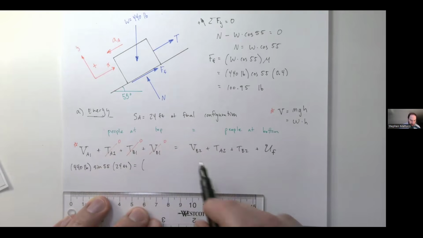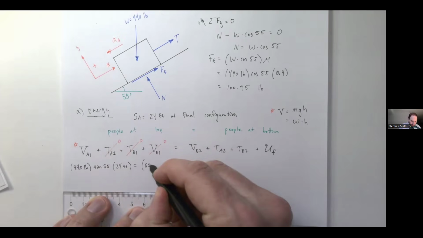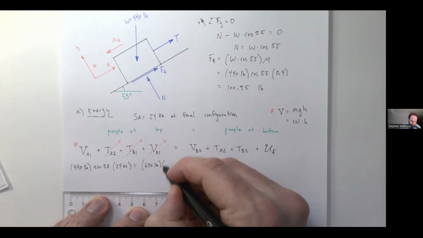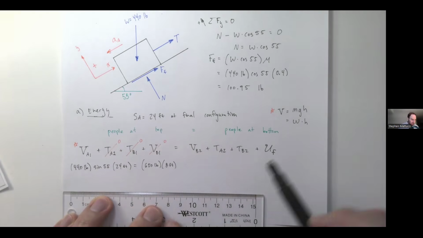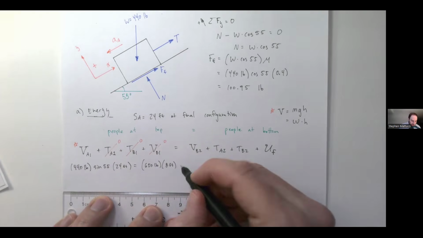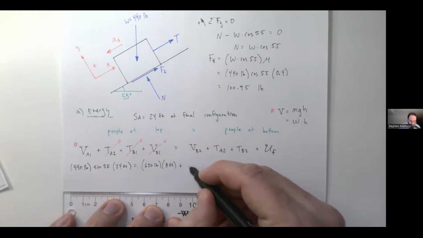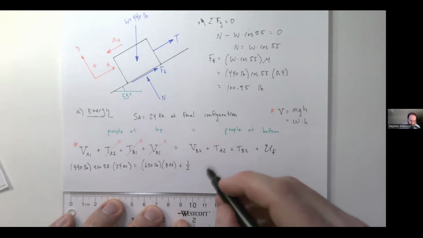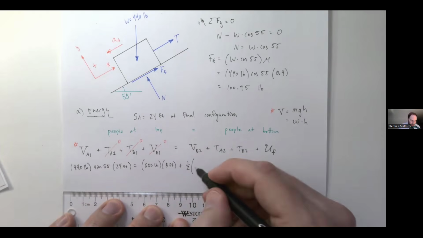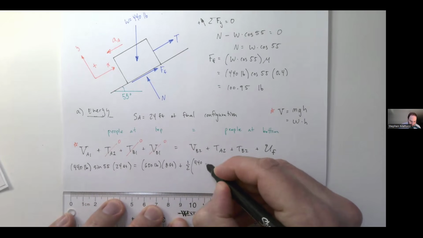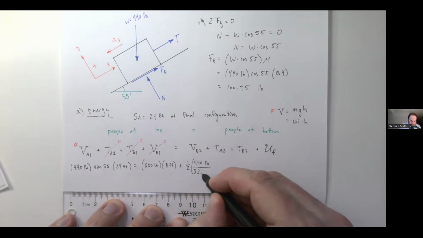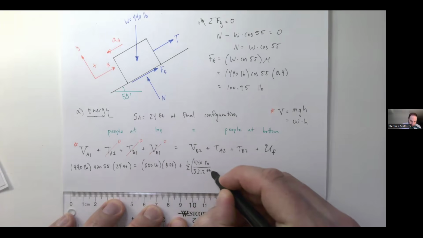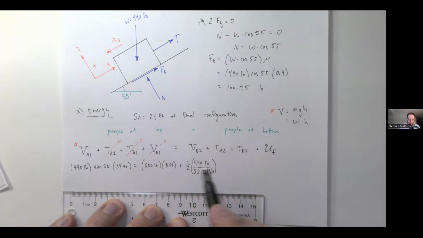Okay, for our bones, these weigh 650 pounds. They're going to be lifted 8 feet. For our people, we're going to have some kinetic energy here. So we're going to have 1/2 the mass, which is going to be the weight divided by gravity, 440 pounds. Don't forget this, divided by 32.2 feet per second squared. So that's going to give us their combined mass in slugs.